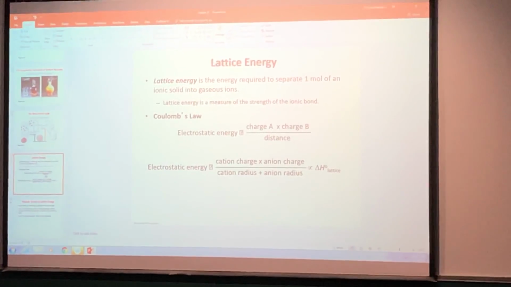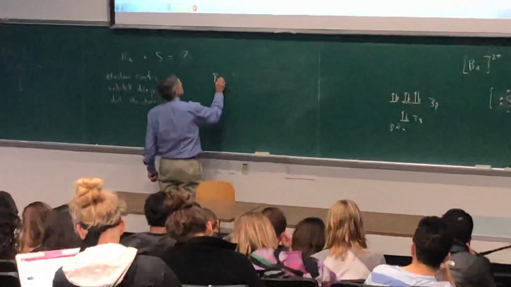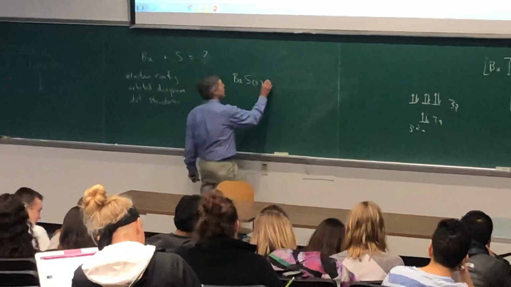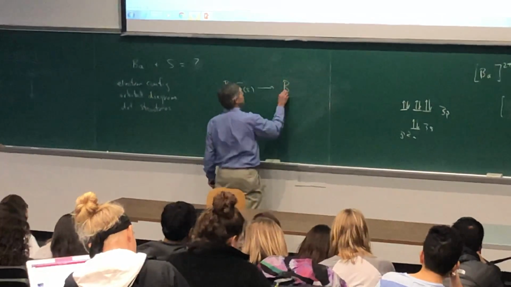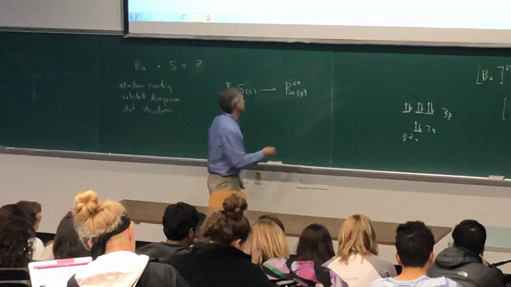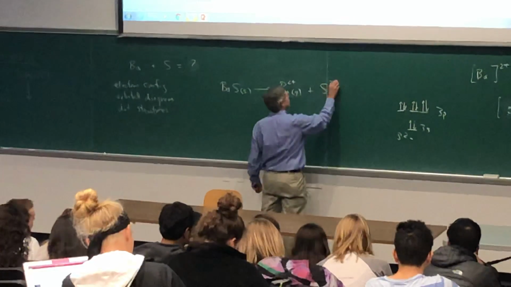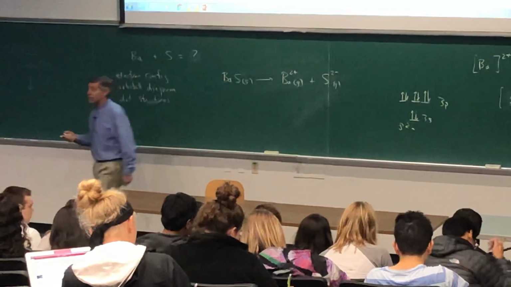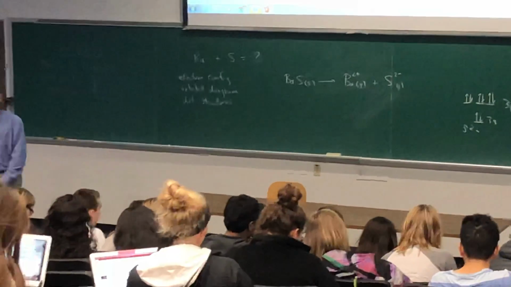So in the case of barium sulfide, we take barium sulfide as a solid and take it into Ba 2+ gas phase plus S 2- gas phase. The delta H for that reaction is what we call the lattice energy, okay?